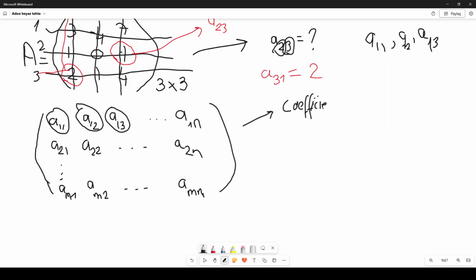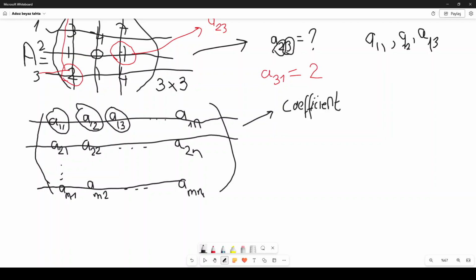Why? Because we have only the coefficients of the unknown variables in an arranged order. In other words, the values in the first row correspond to the coefficients of the unknown variables in the first equation, and the second row corresponds to the second equation, and in this manner we get the coefficients of the mth, the last equation, in the last row.